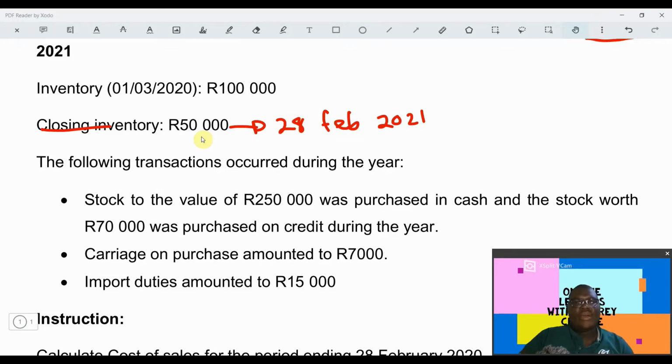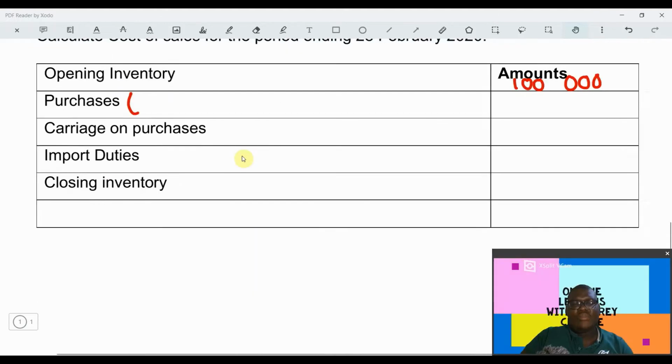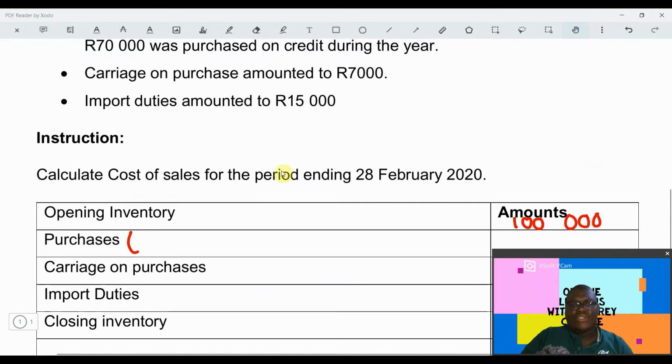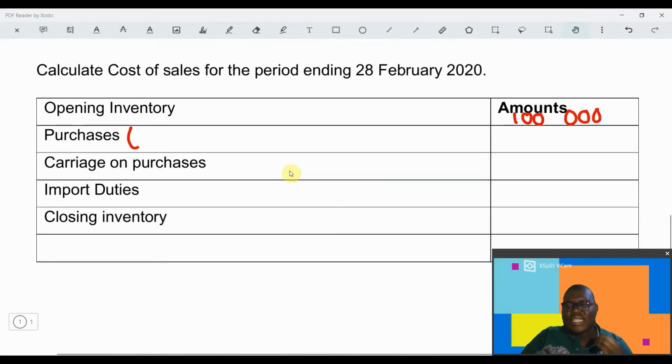Okay, now we're going to go to our formula and check what we're given. Remember, in the information we were told about the closing inventory, which is 50,000, which means that this 50,000 has not been sold. It will not make sense for us to say that we have sold this stock while this stock is remaining, which is the reason why on the formula this stock is subtracted, because this is the stock that is physically remaining.